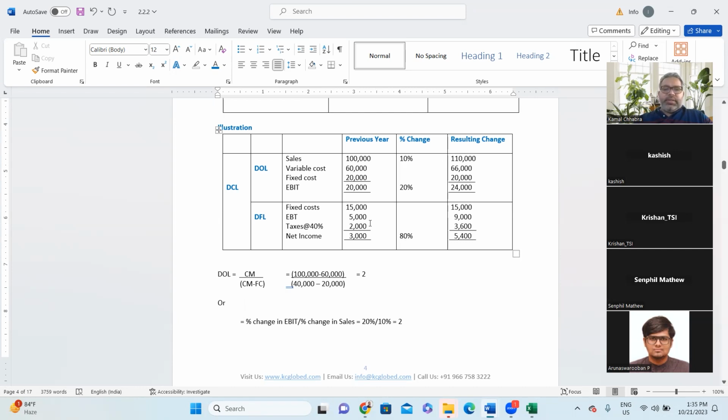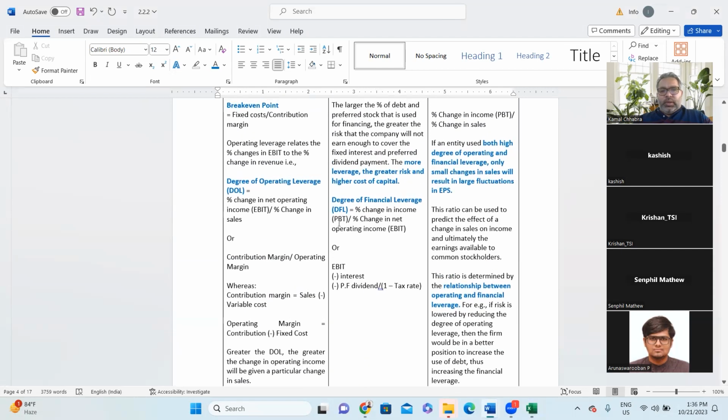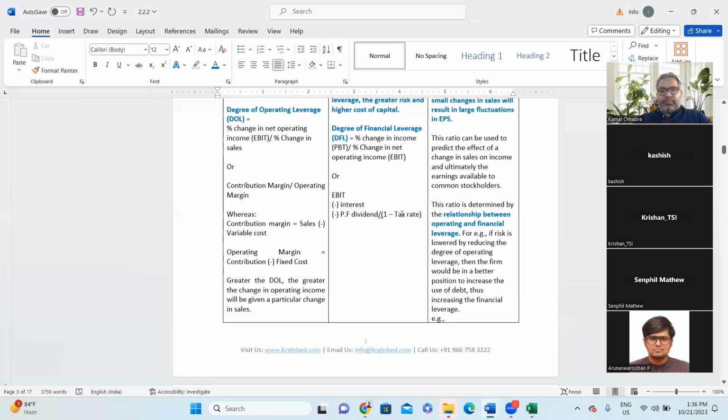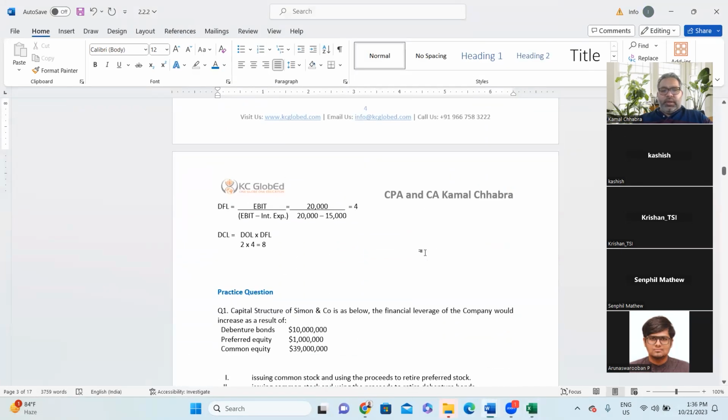Now another thing is financial leverage. What is the formula for financial leverage which we have studied? Change in income, profit before tax, divided by change in EBIT, or EBIT minus interest minus preference dividend, right? So here you see EBIT divided by EBIT minus interest expense.